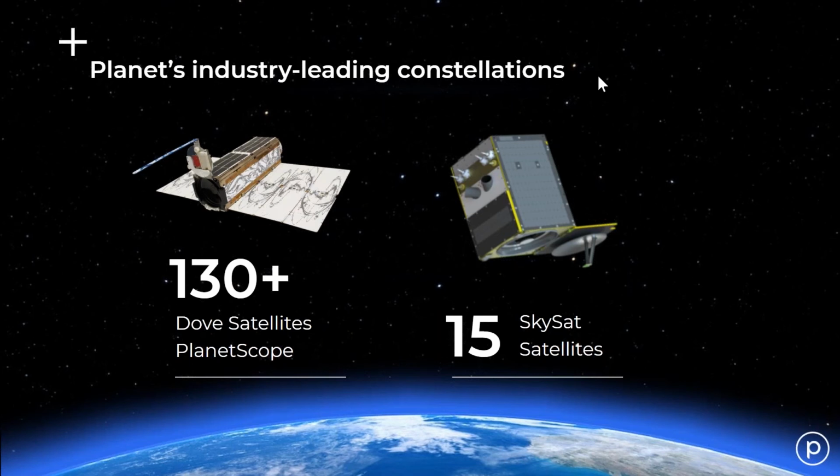But in terms of our constellation today, these numbers are actually ever so slightly out of date, because in the course of the last month, we've had 3 launches. That has increased the population of our doves by around about 26, and we've added an additional 6 SkySats to our constellation over that period of time as well. So PlanetScope doves are our mainstay. They are always on.